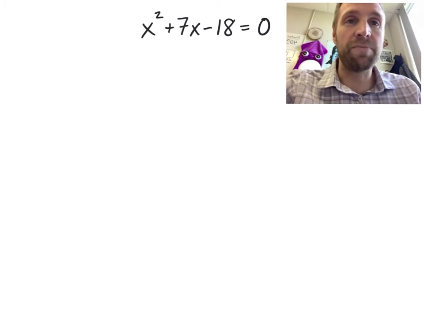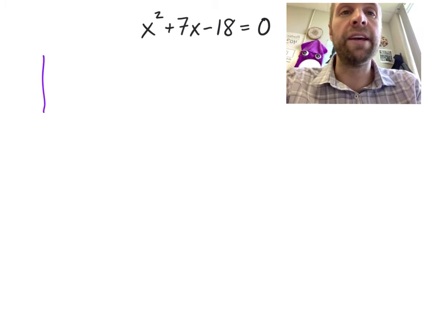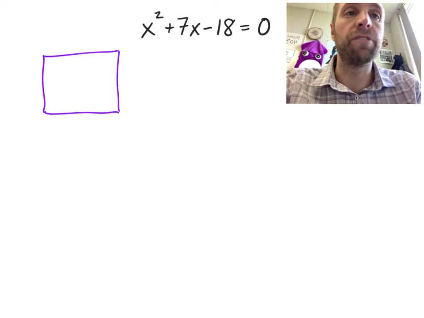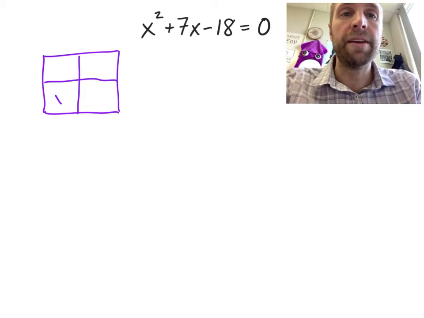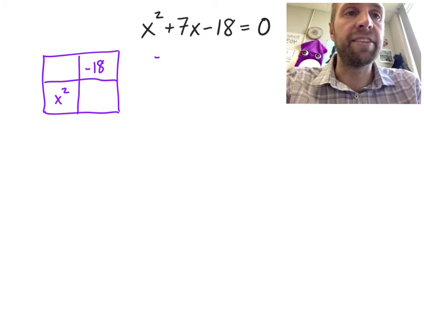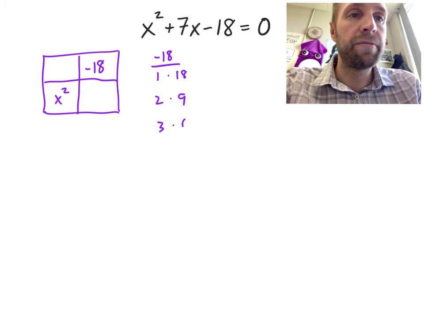We've got an x squared problem, which means we have to factor. So let's go to x squared. Let's set up those boxes, however you like to set them up. I like the x squared there. I like the -18 there. Let's factor -18. I'm first just going to factor 18 as a positive.